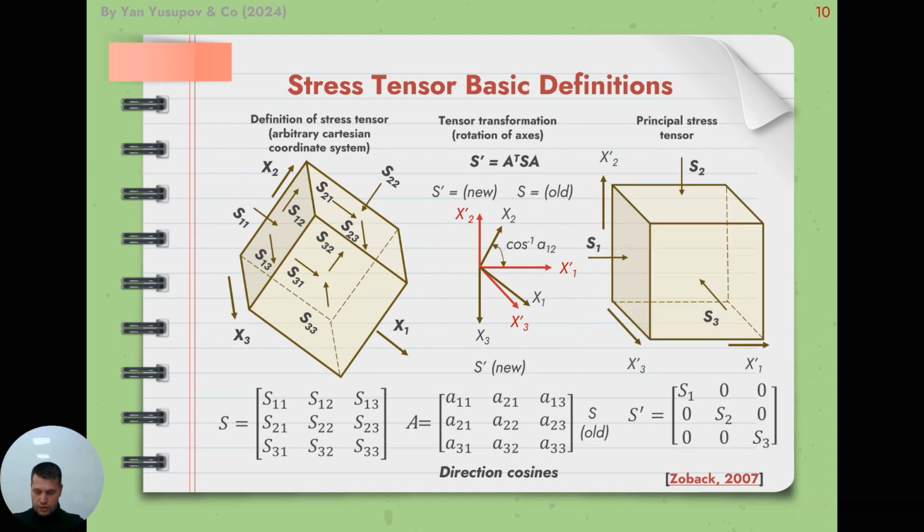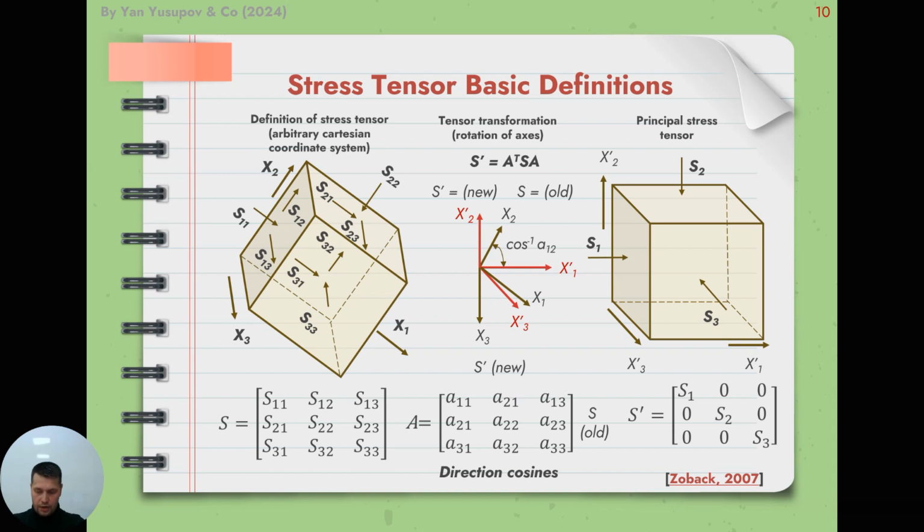Tensor transformation is essential for representing the stress state at various depths in terms of principal stress. These 3 principal stresses operate in the principal coordinate system, simplifying the description of the stress state at its original position.